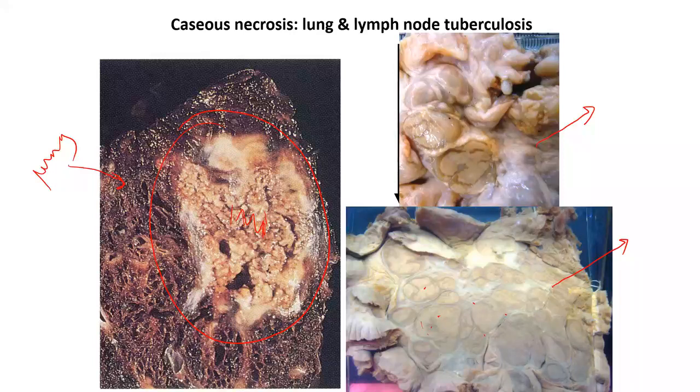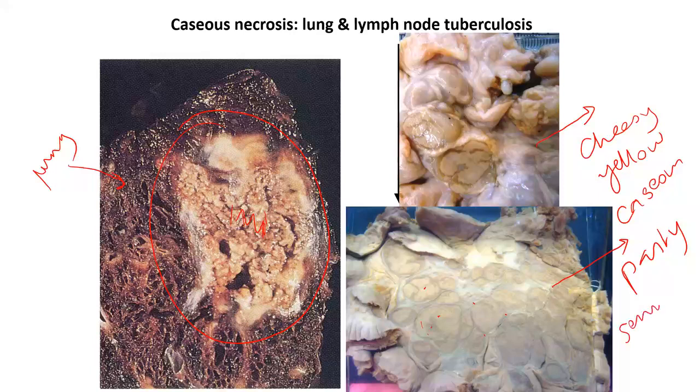So this is the caseous necrosis with cheesy yellowish material that is pasty. It looks like paste, and it is semi-liquefied. It is not hard and it is not totally liquefied.